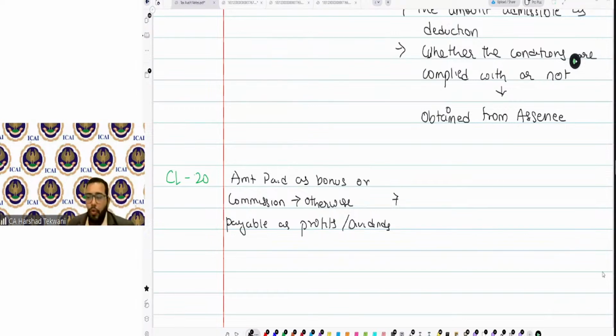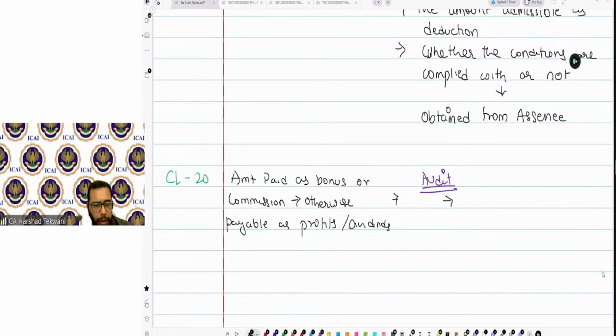So I need to obtain the list of eligible employees for bonus and commission for services rendered, with the amount paid as bonus or commission, and the basis of calculation for the bonus or commission. Then only I will be able to identify whether it was appropriately payable to that employee or not.